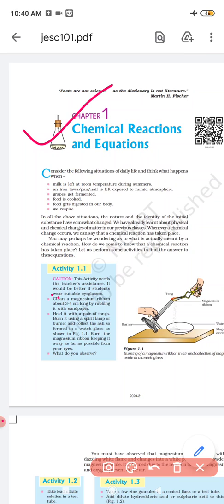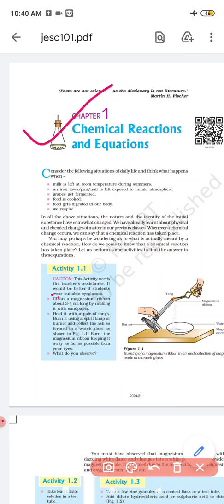A chemical reaction is a change in which one or more substances, or reactants, react to form a new substance with entirely different properties, right? So this is the definition of a chemical reaction.